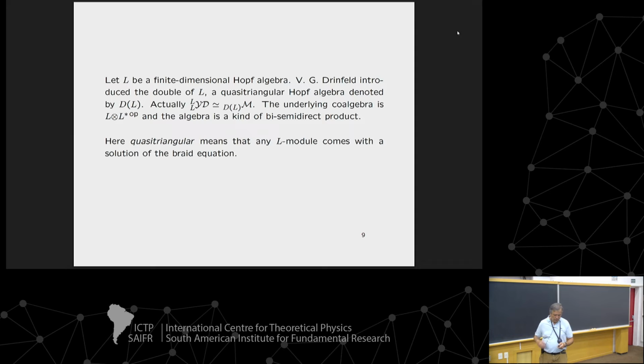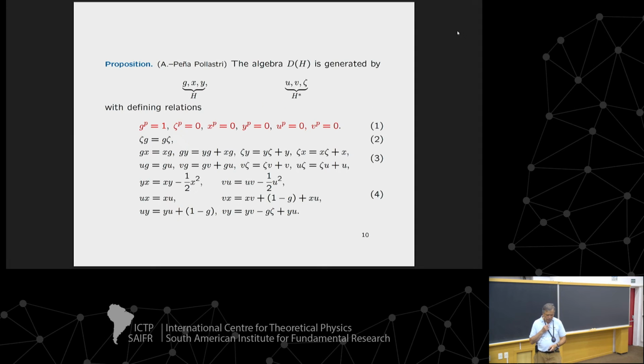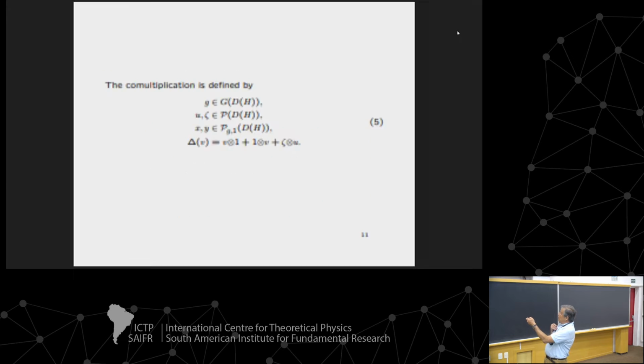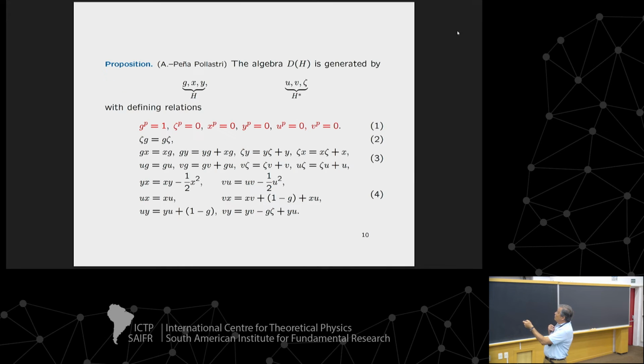And the construction of the Drinfeld double of L is very specific, so we performed it for our H, and we obtained that the Drinfeld double D of H is generated by three elements, g, x, and y, which are generators coming from H, and u, v, and zeta, which come from H dual, and they satisfy these relations.